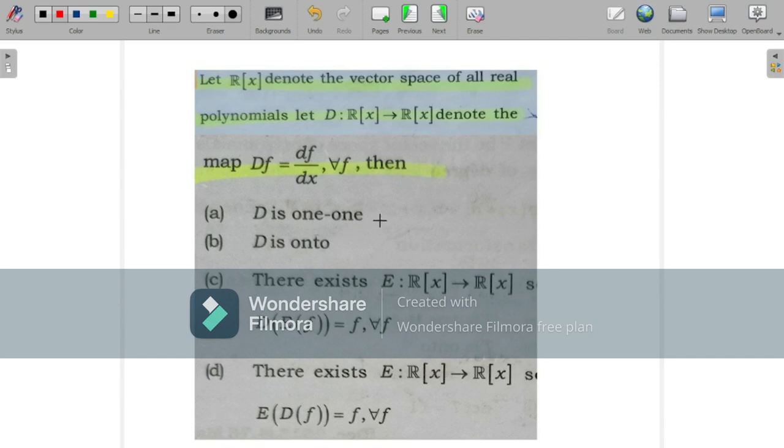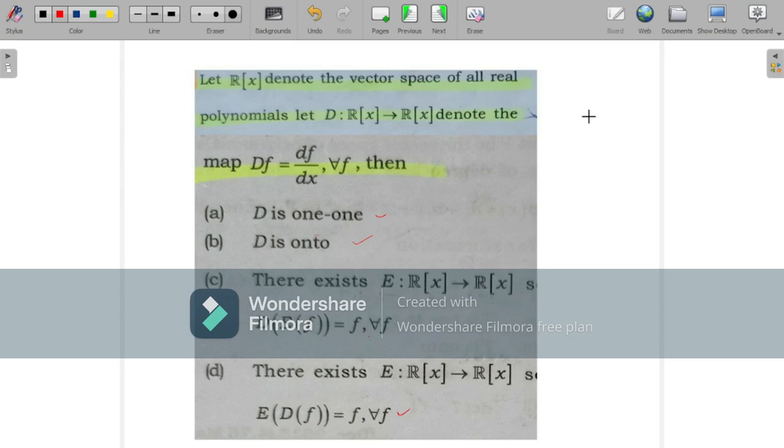Then D is 1-1, D is onto, there exists E from R of x to R of x such that D composition E of f is f for every f, or there exists a map E such that E composition D is f. See, D is a given differential operator.